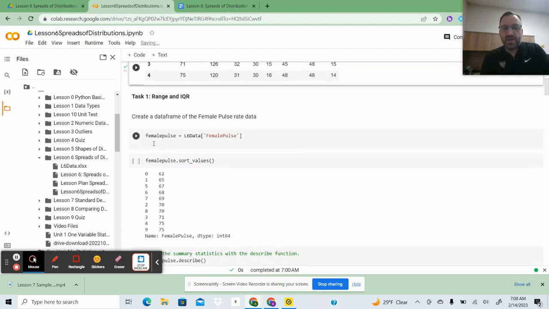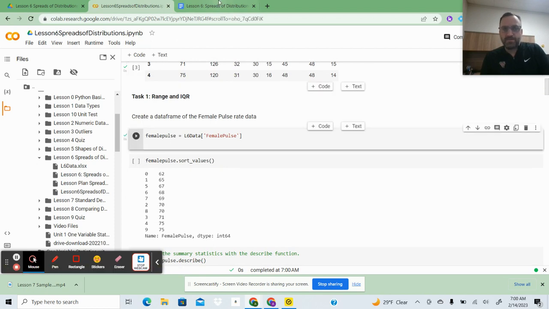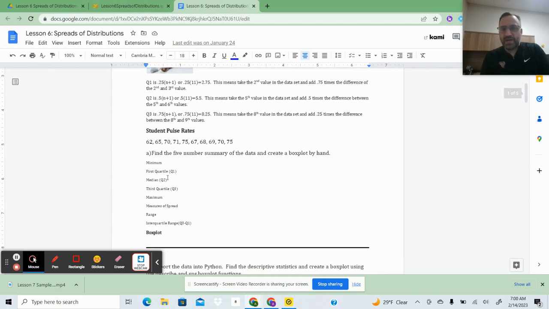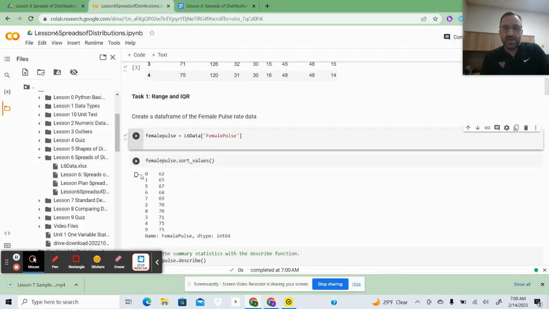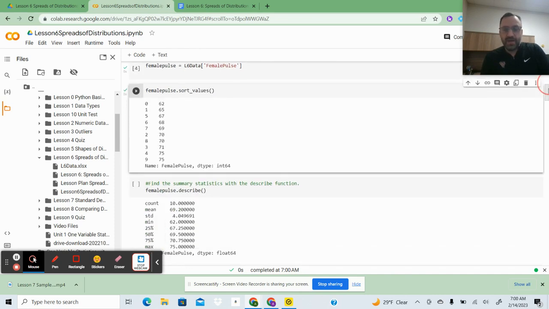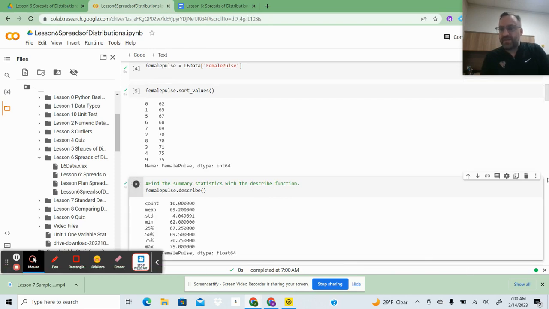So now what we're going to do is just do a data frame of the female pulse. And then what I'm going to do is sort these values. So I can sort them really easily using the sort values function. So that lists them from lowest to highest. Then here I can actually calculate the summary statistics to find the minimum and so on.